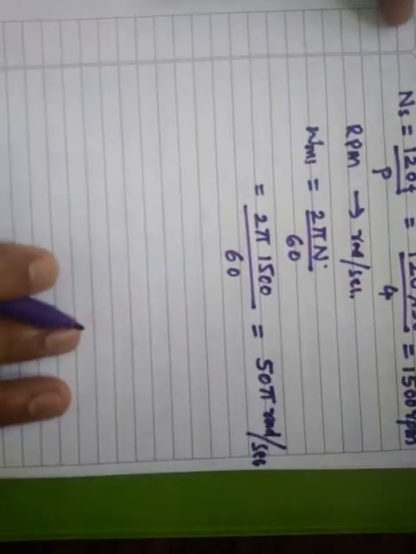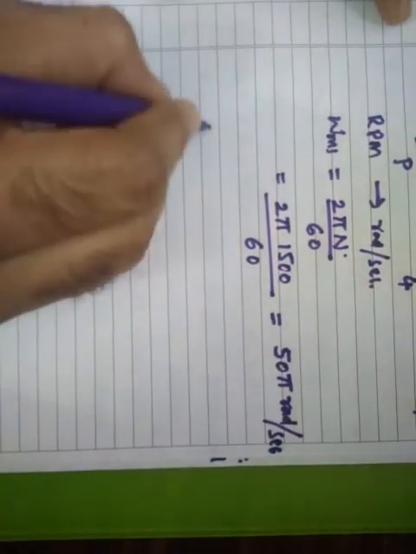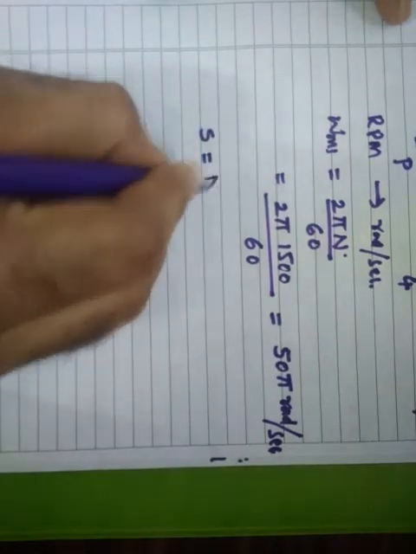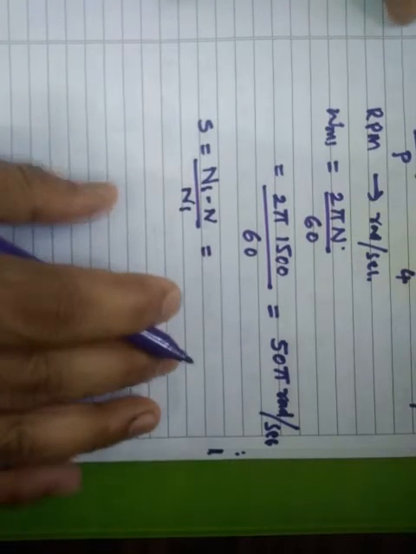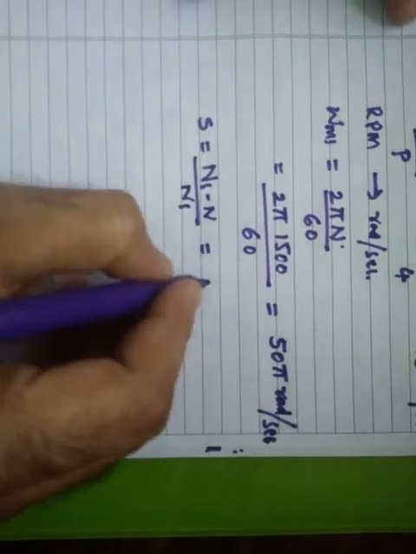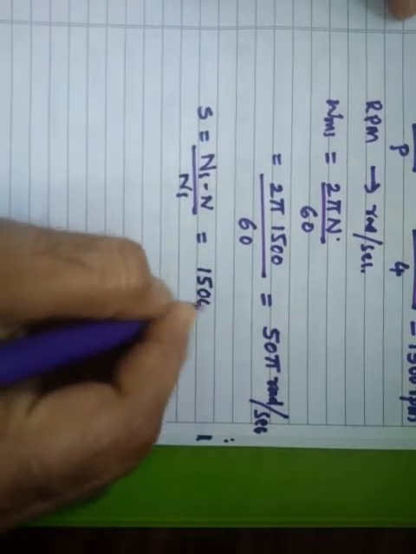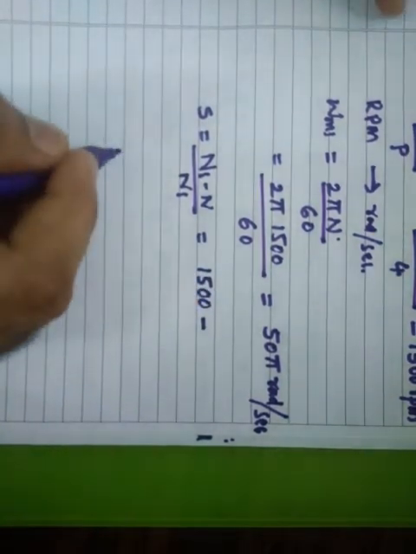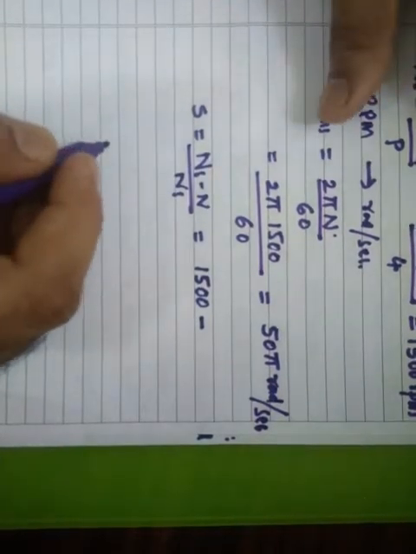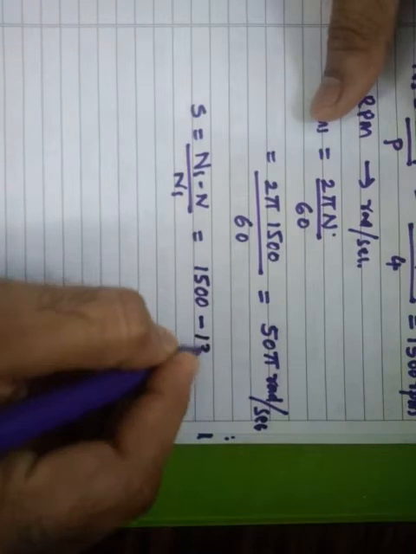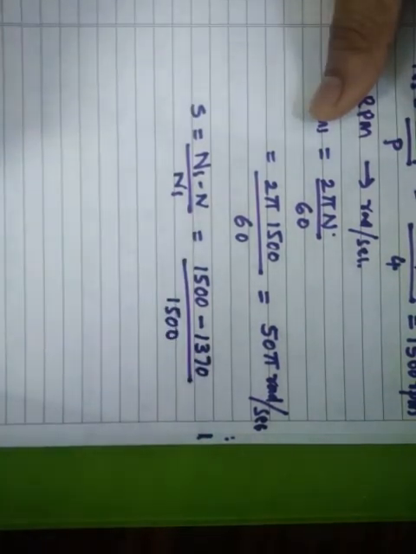Next I am calculating slip. As we know, the slip equation is ns minus n divided by ns. ns we just calculated as 1500, minus n, which is given in the problem as 1370 rpm, divided by 1500.